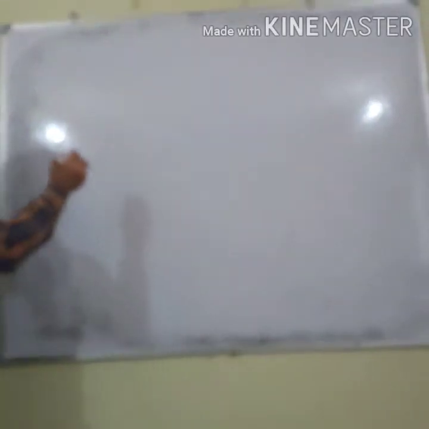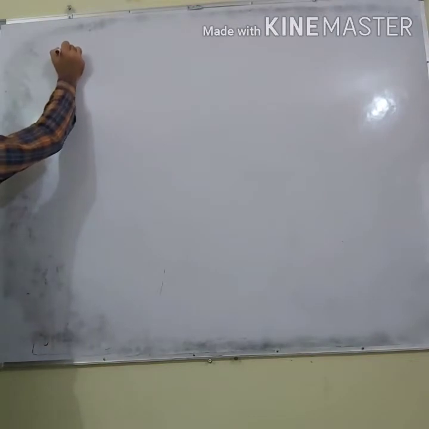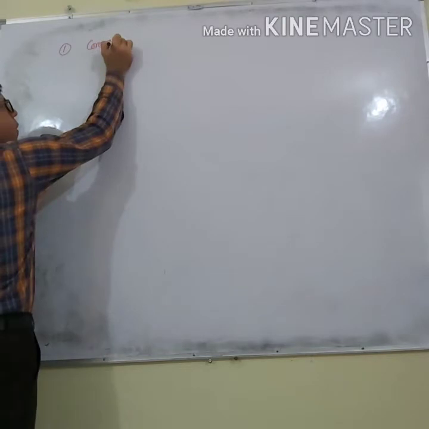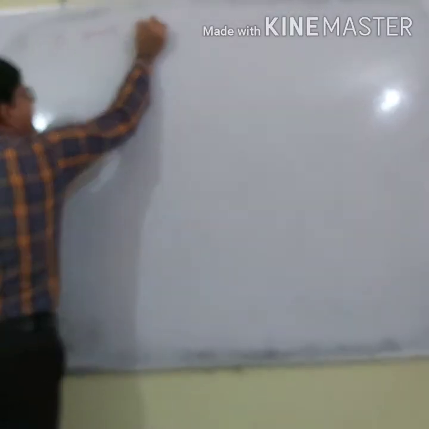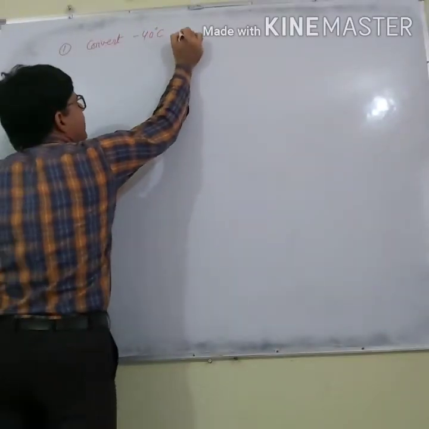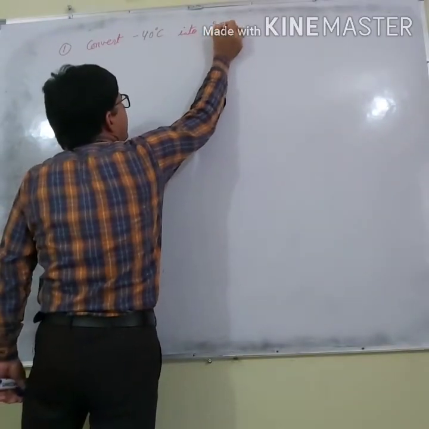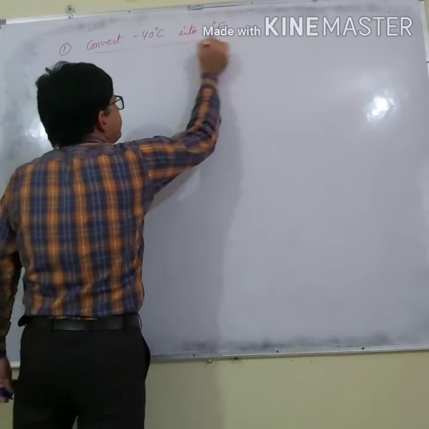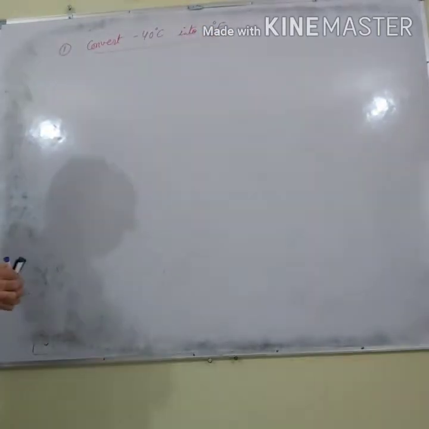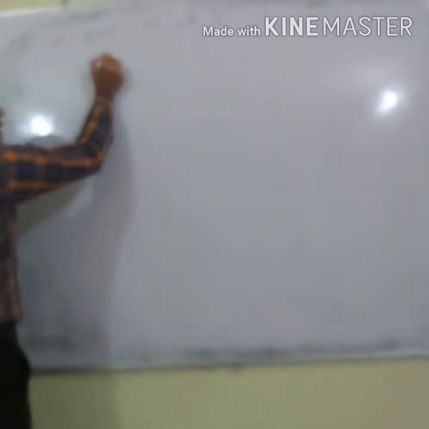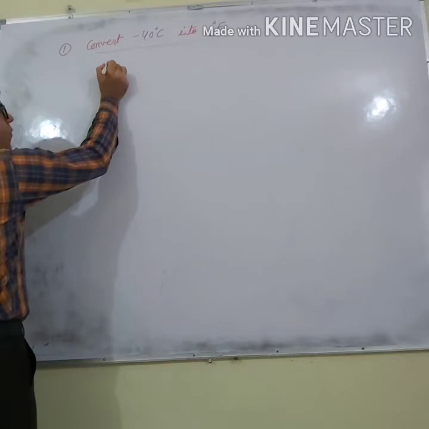First question is, convert minus 40 degrees Celsius into degree Fahrenheit. This I have to do. Now, how can I do this? All of you know there is a formula.